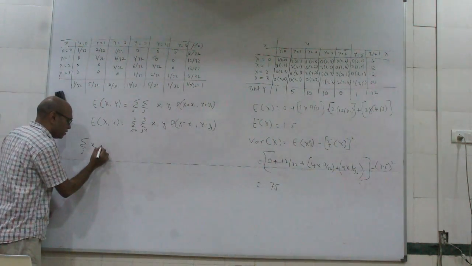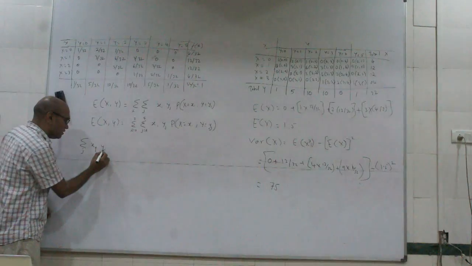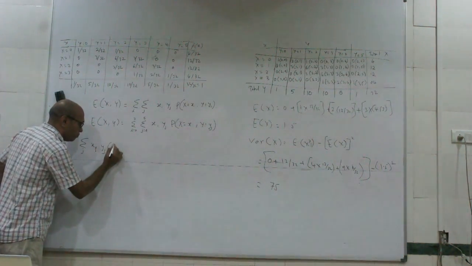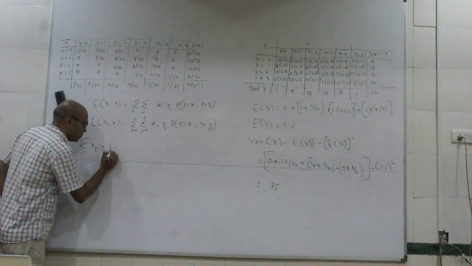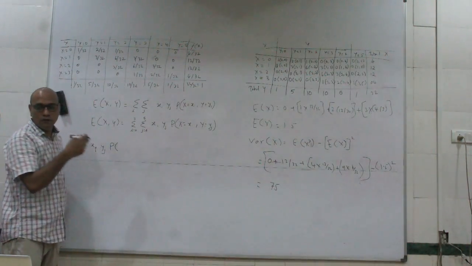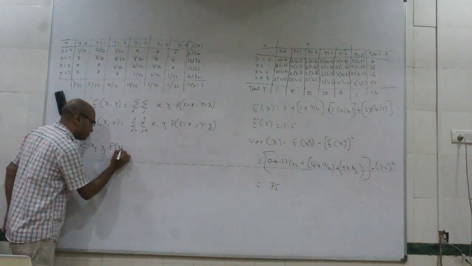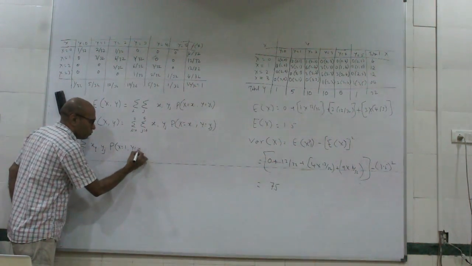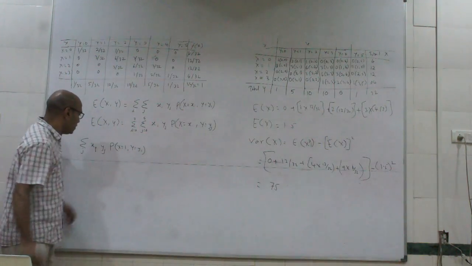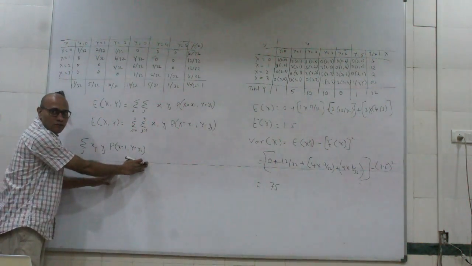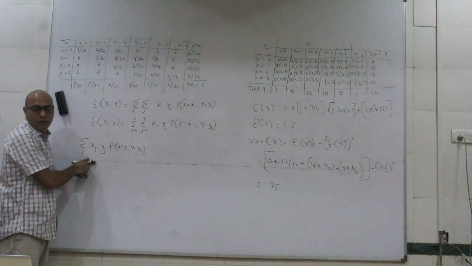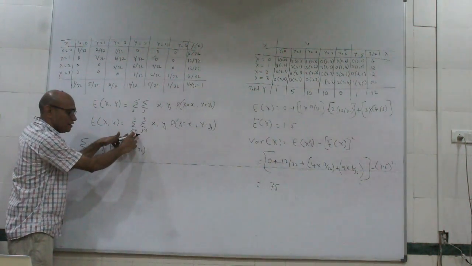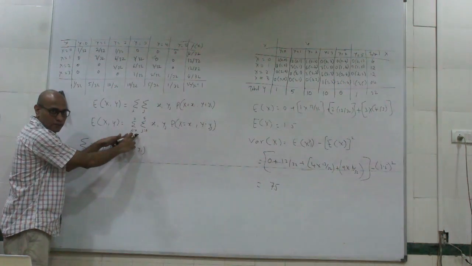Y will be yj, I will take all the values of y into probability of x is equal to 1, y is equal to yj, right? This is what I need to solve to get this expectation for x is equal to 1.